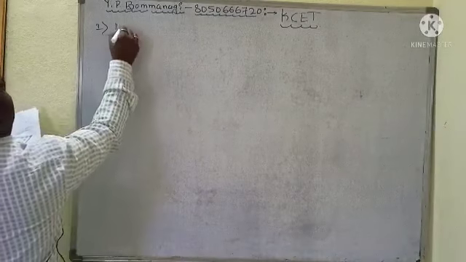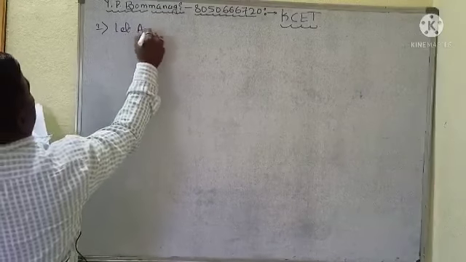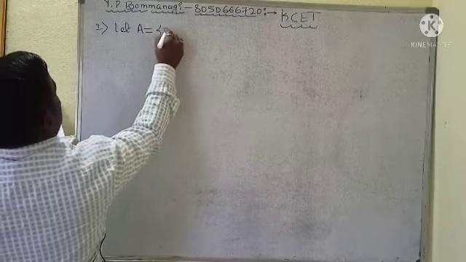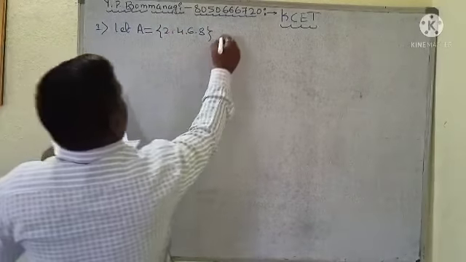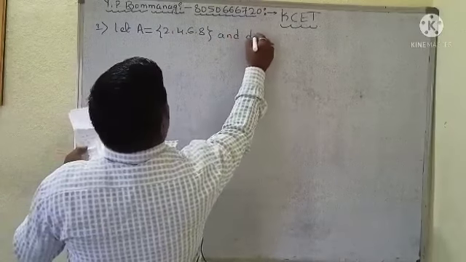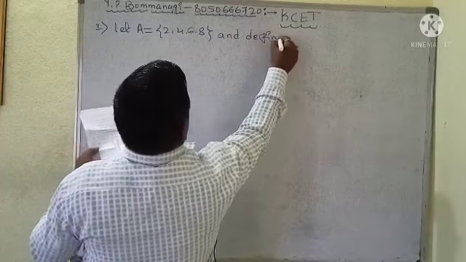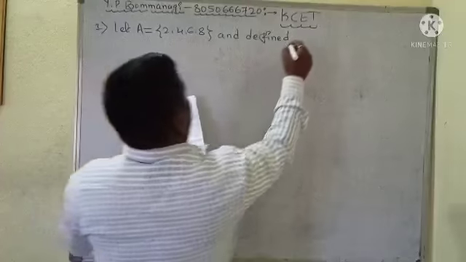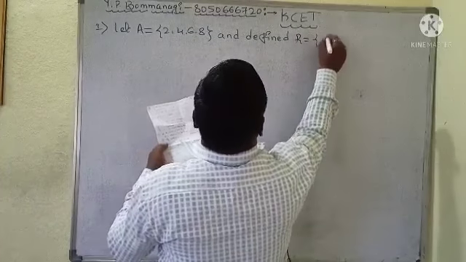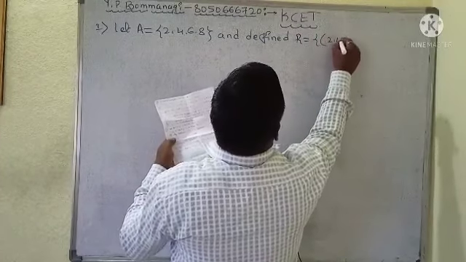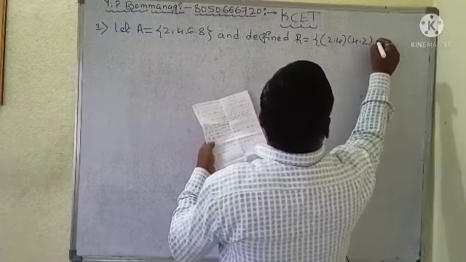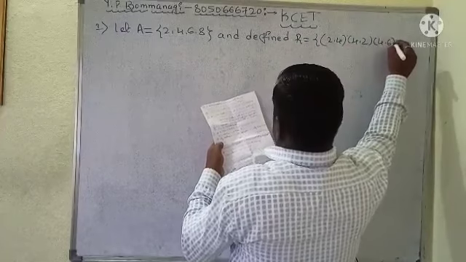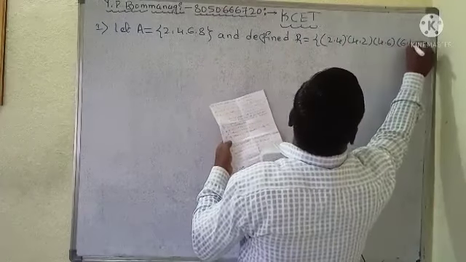Let A be equal to {2, 4, 6, 8} and define R equal to {(2, 4), (4, 2), (4, 6), (6, 4)}.